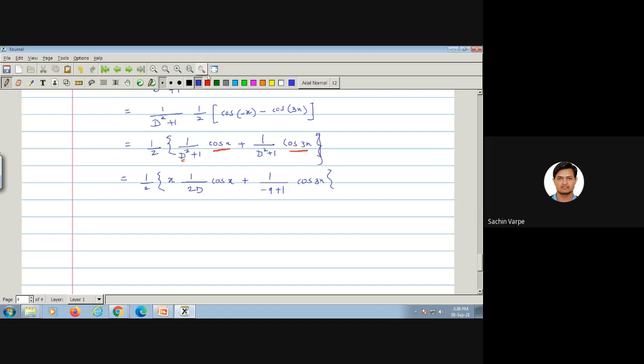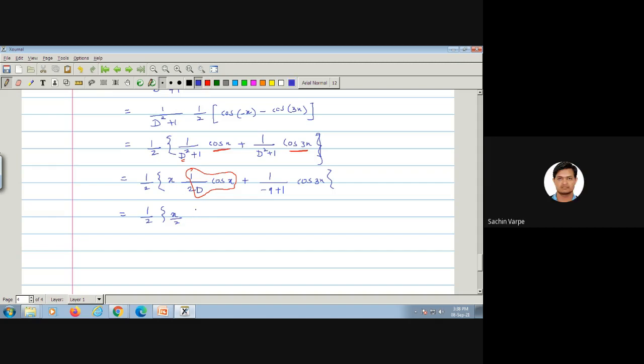Now here it is 1 upon 2 times x by 2. Here either you can multiply and divide by D, or you can directly operate 1 upon D over cos x. 1 upon D means what? Integration. Exactly.